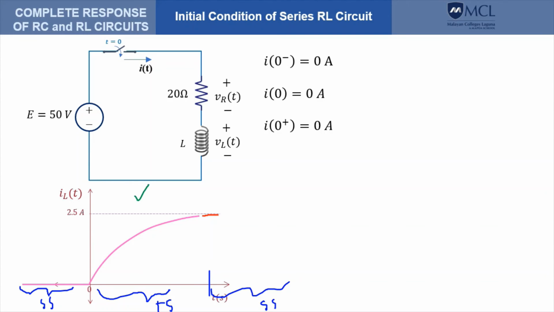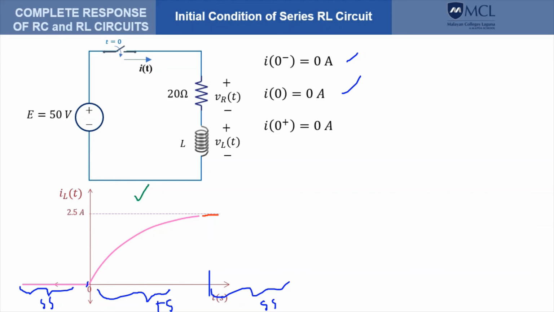What are the initial conditions of the voltage and the current through the inductor? Let us take first the current through the inductor. At just before t equals 0, we notice that our current is 0.